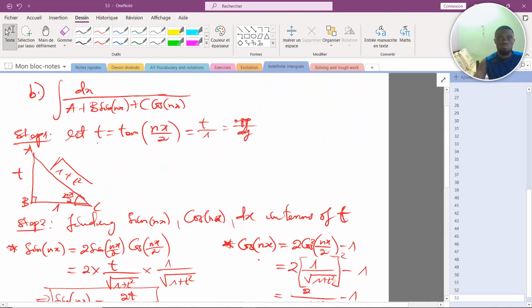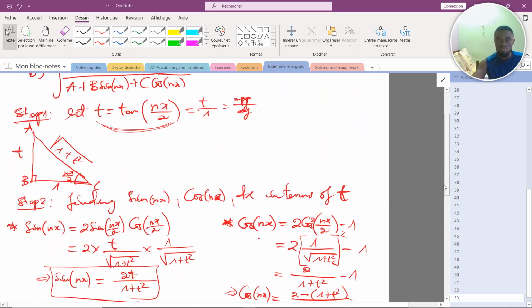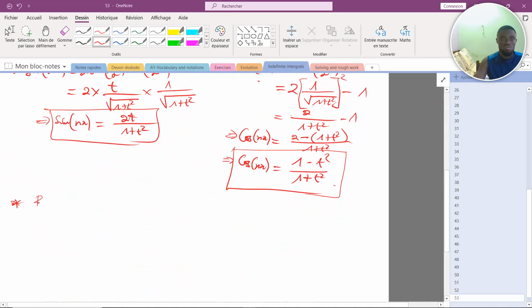We have to find our dx, we simply need to differentiate this implicitly. Recall that t is equal to what? Our substitution at the beginning was t equals tan of nx on 2. So let's differentiate it implicitly.